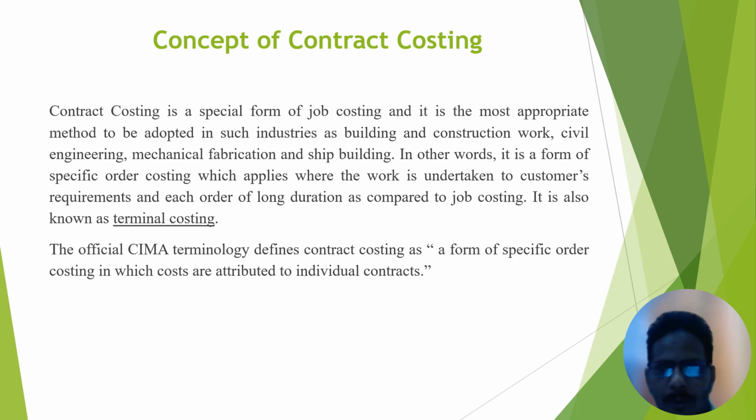Contract costing is a form of specific order costing in which costs are attributed to individual contracts. Suppose any contractor is doing 10 contract works in parallel, then we have to prepare 10 contract accounts separately for calculation of profit. This is the concept regarding contract costing.